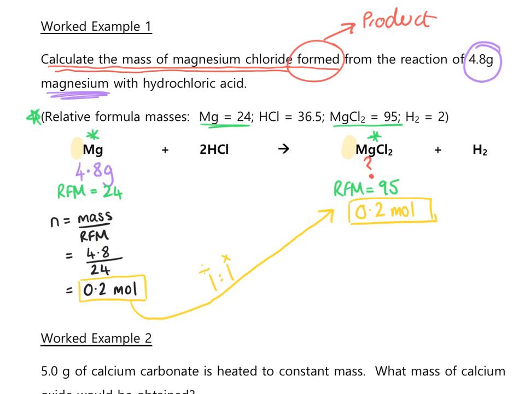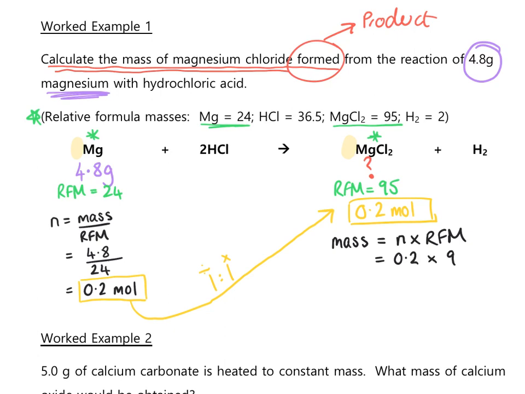What am I actually trying to work out here? You're trying to work out the mass of magnesium chloride. Now that I have the number of moles of magnesium chloride, I can convert that to the mass of magnesium chloride formed by using the equation mass equals N, the number of moles, multiplied by the RFM. The number of moles I've just worked out is 0.2.